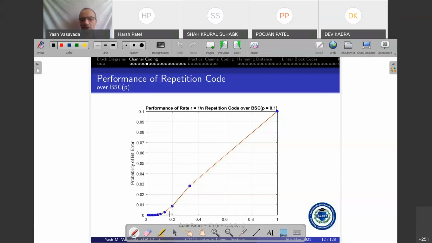If I do repeat by 5, then 1/5 is 0.2. So the rate went down, but the error rate also went down. And so on. If I do repeat by 7, repeat by 9, repeat by 11, I start getting values which become closer and closer to 0, but then the rate also starts dropping.